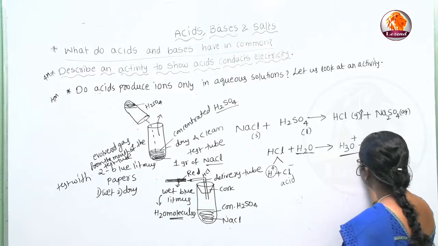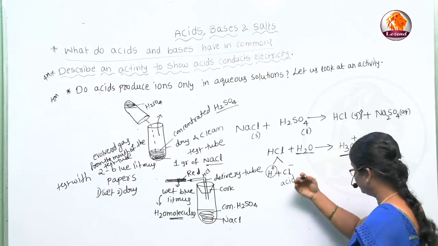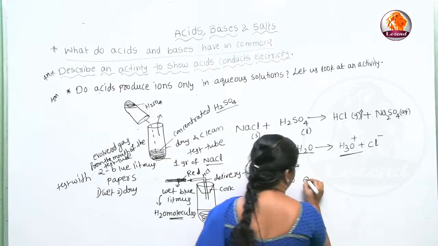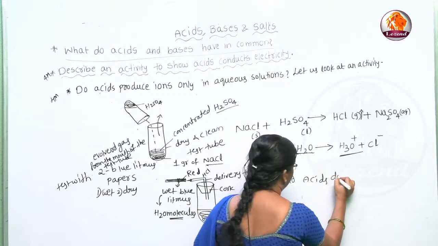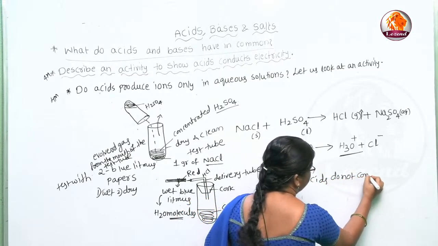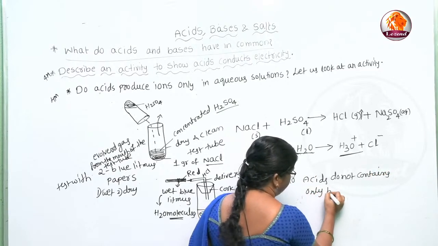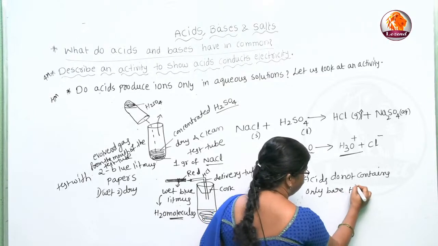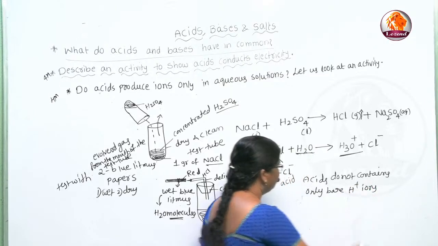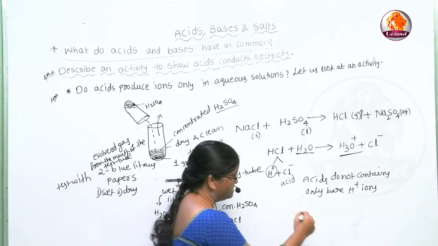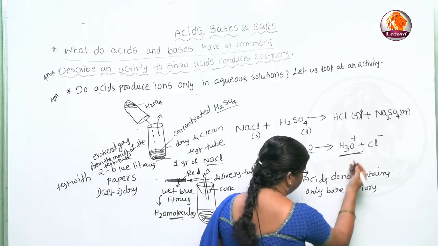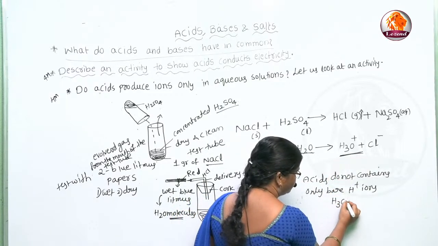Acids do not contain only bare H plus ions. Bare means a single H plus ion. They combine with water molecules, so what kind of ions are present in acids?